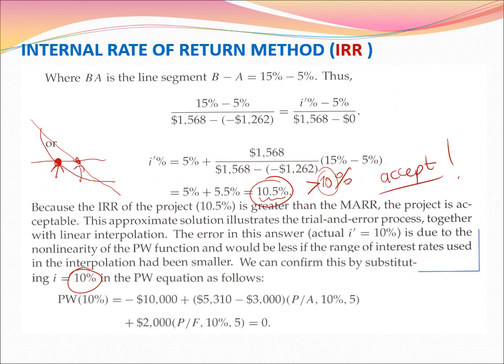The IRR is exactly 10%, and it is exactly equal to the MAR. When it is exactly equal to the MAR, of course, you are not rejecting, you are indifferent. Even if you accept or reject, it doesn't make a change for you. But the thing is, you cannot say that definitely accept the project because it is not greater than MAR.